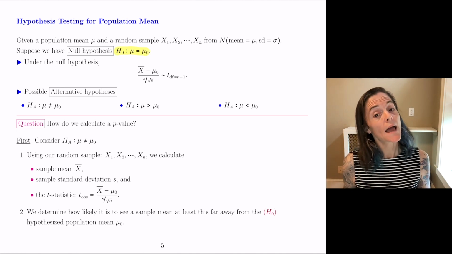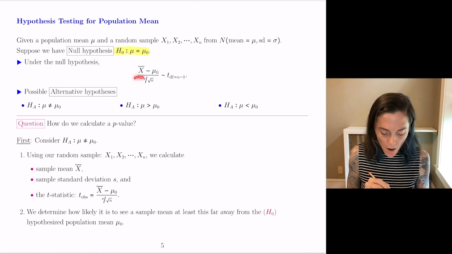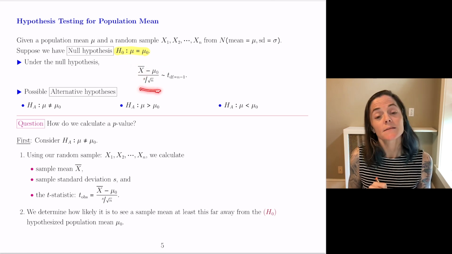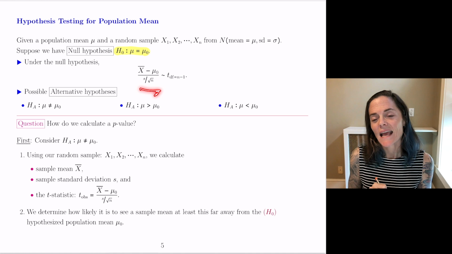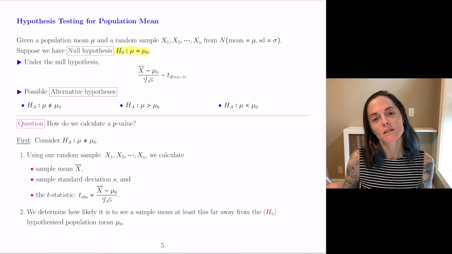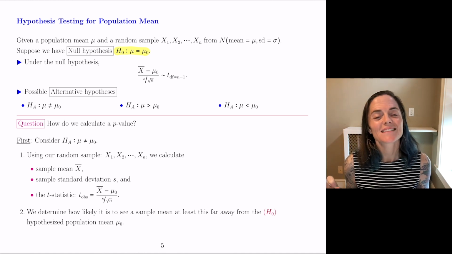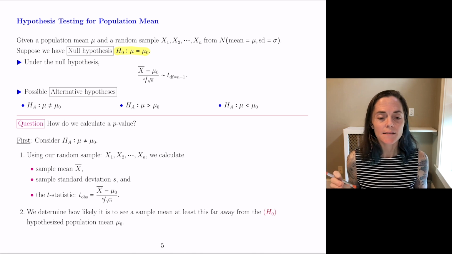Well, under the null hypothesis, we know x bar, the sample mean, minus mu divided by s over the square root of n is distributed as a t distribution with n minus 1 degrees of freedom. We discussed this when we discussed sampling distributions. Very nice.